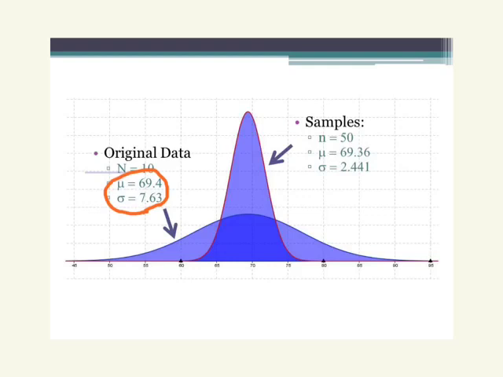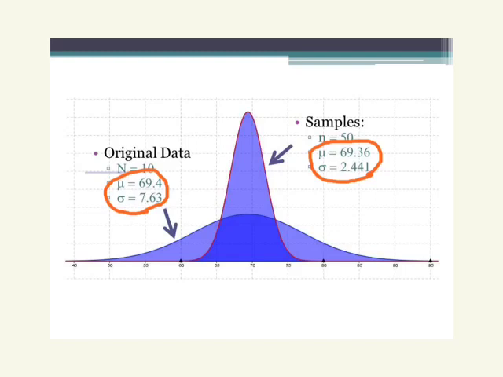This taller, skinnier normal distribution that we see is the normal distribution created using the mean and standard deviation from those 50 samples. And what I want you to take from this picture is a very important understanding that a sampling distribution will be much less variable than even the original data.